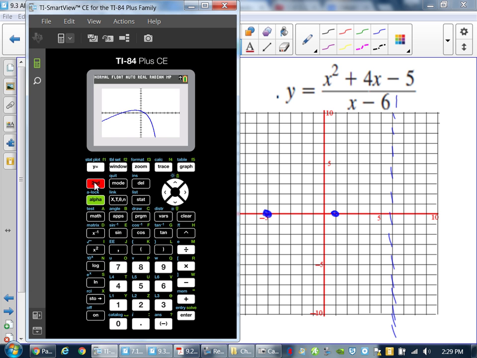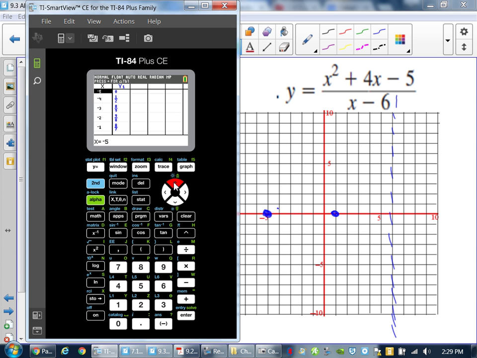So here, let's hit second table, and let's just start looking at numbers. If I go back and look at my table and start at -2, we know that we had a 0 at -5. At -4, it moved up.